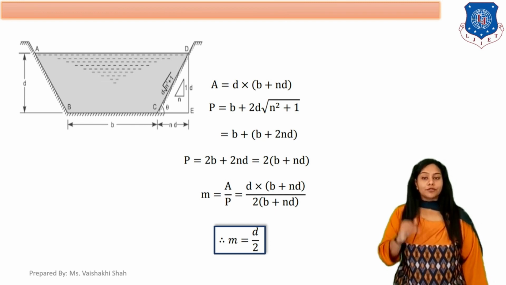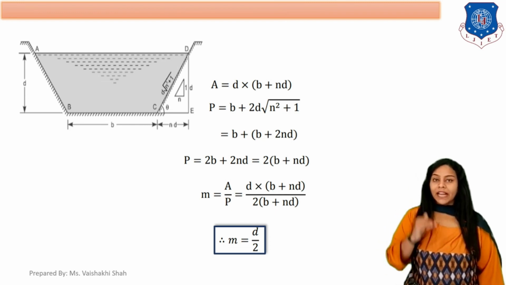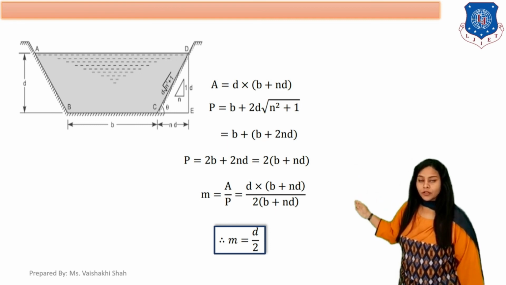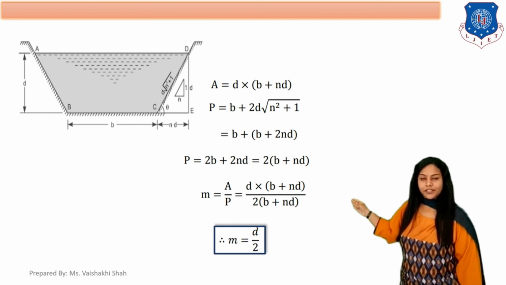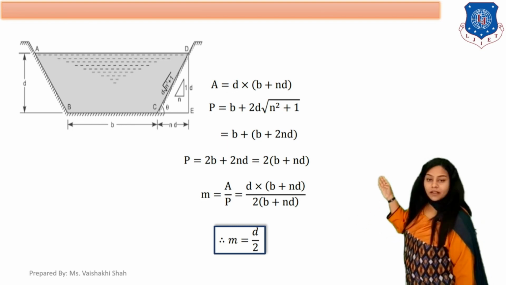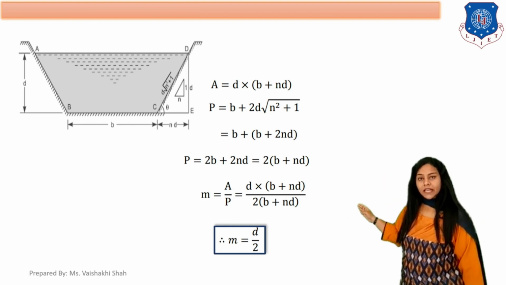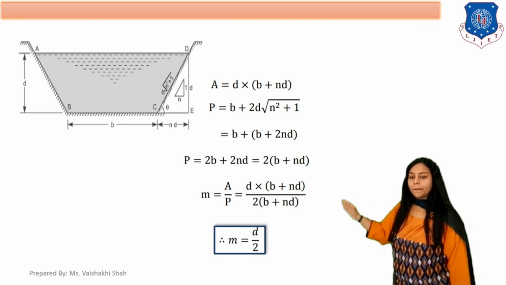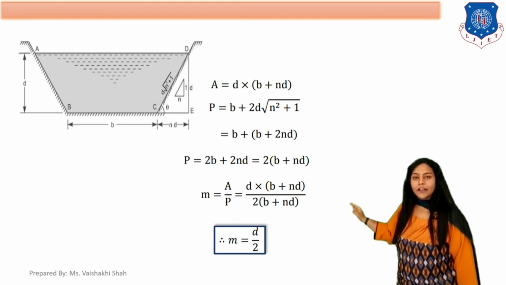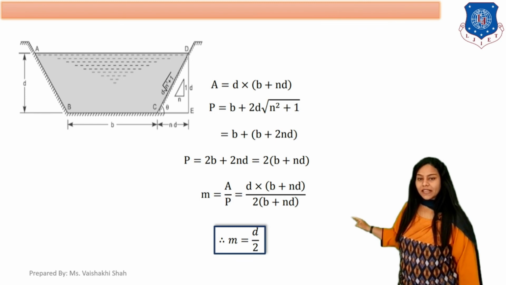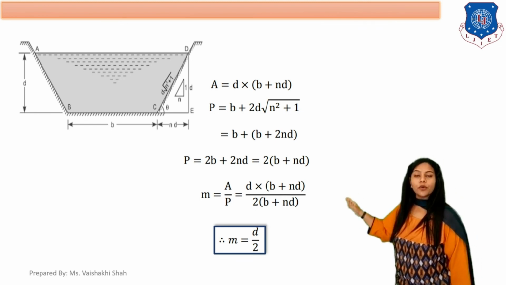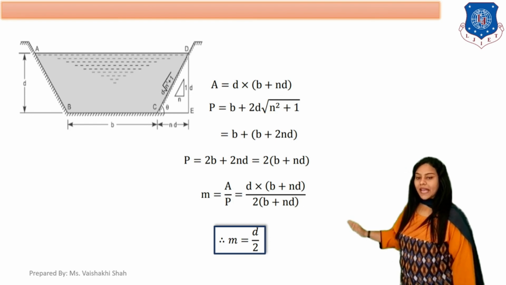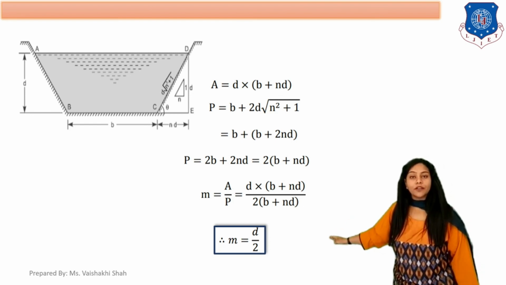M equals to A upon P. We have the equations for area and perimeter, so placing both in M, M equals to A upon P. Area is D into B plus ND, and perimeter P is 2 into B plus ND. So you get M equals to D by 2.